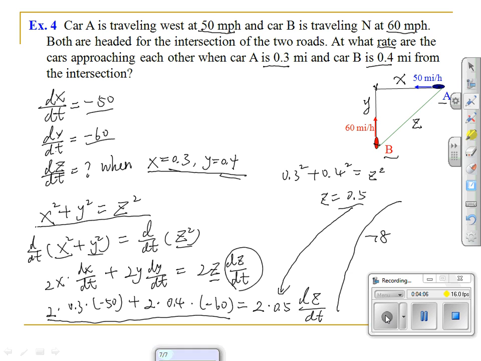And the right-hand side is 2 times 0.5, which is 1, times dz over dt. So finally, you get dz over dt, which is the rate of the distance between the two cars, is negative 78 miles per hour. Negative because it's decreasing, and it makes sense. So that's it.